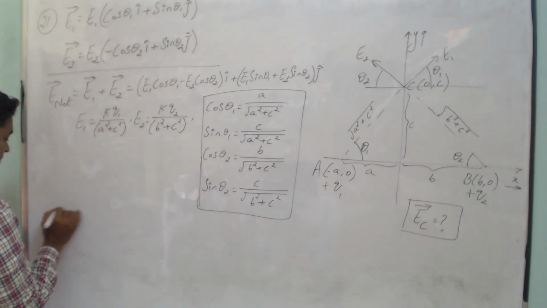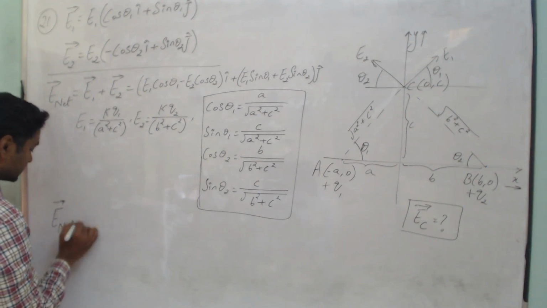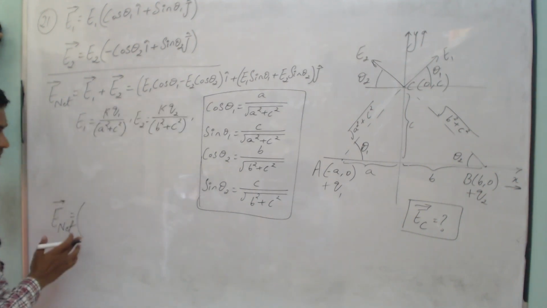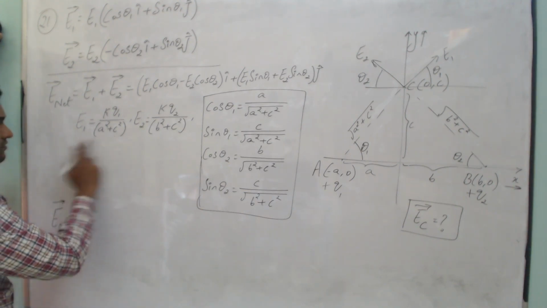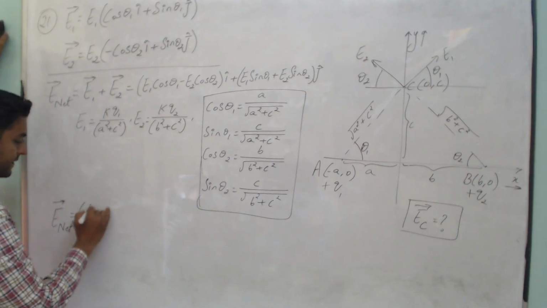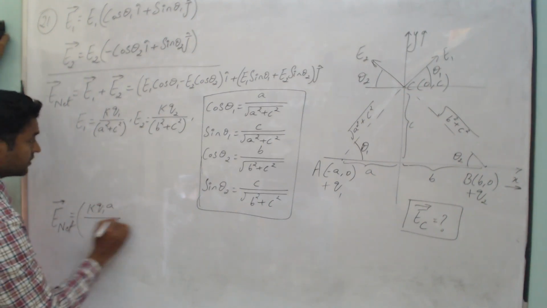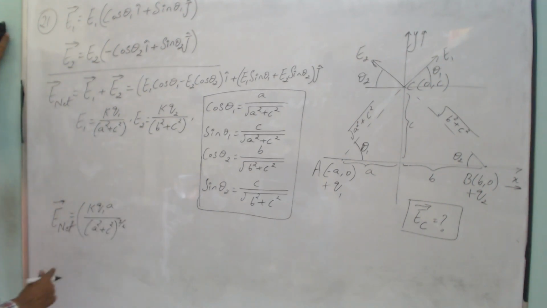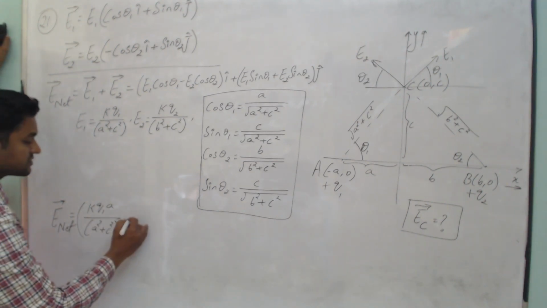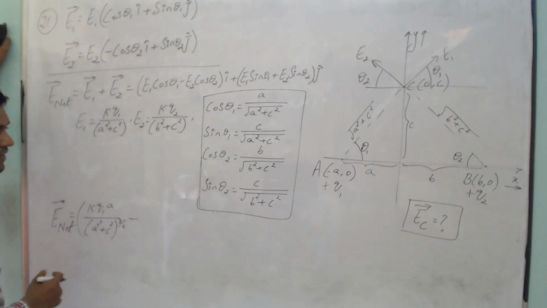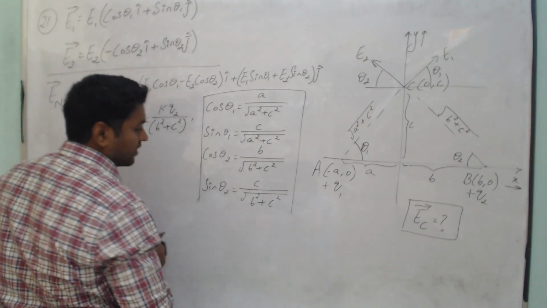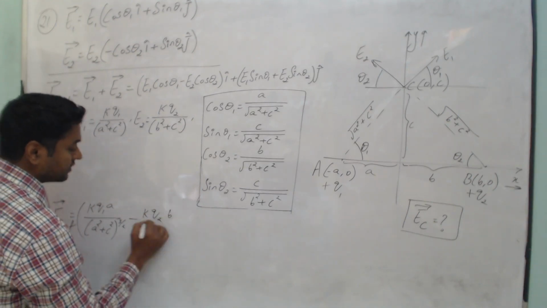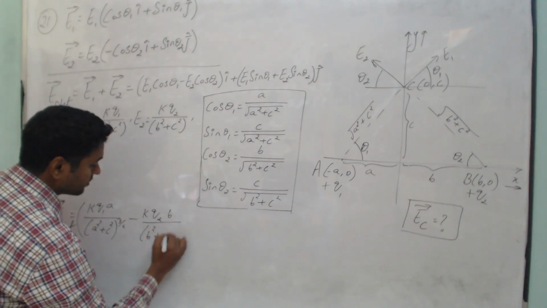So now I'll write it here directly. E net resultant vector is equal to E1 cos theta 1, which is KQ1 A by A square plus C square whole to the power 3 by 2, minus E2 cos theta 2, which is KQ2 B divided by B square plus C square whole power 3 by 2.